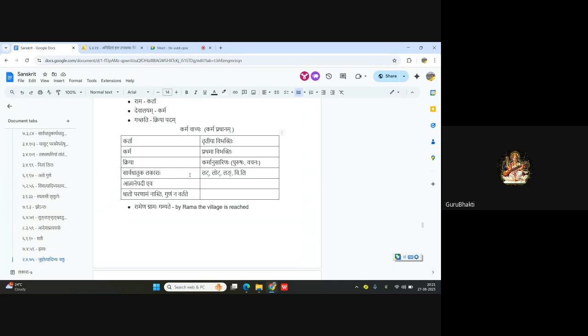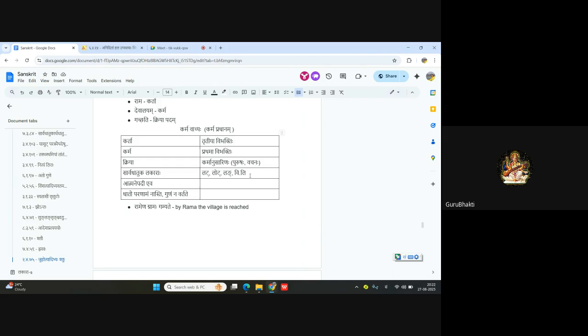What are the sarvadhatuka lakaras? Lat, lot, lang, vidhiling. These four lakaras are called sarvadhatuka lakaras.